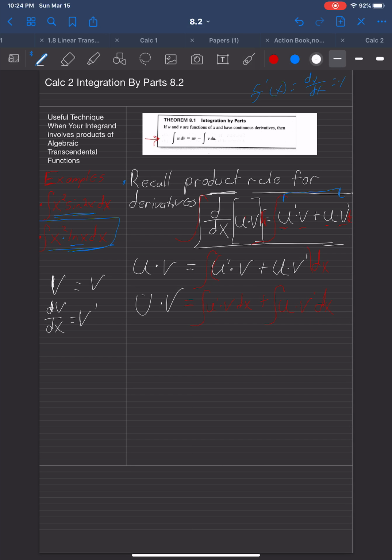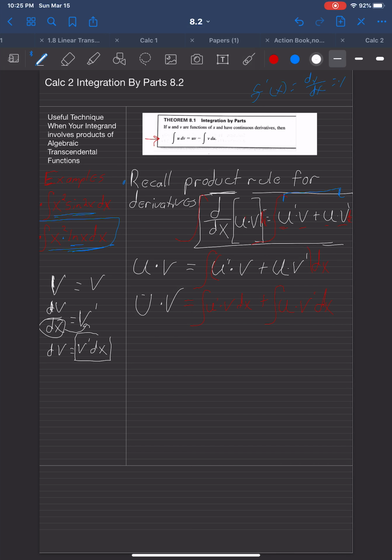Now, at this stage, I'm going to use this Leibniz notation to bring this dx to the right side, and this is the power of this notation. So that would leave me with dv is equal to v prime dx. Now, we're almost there.